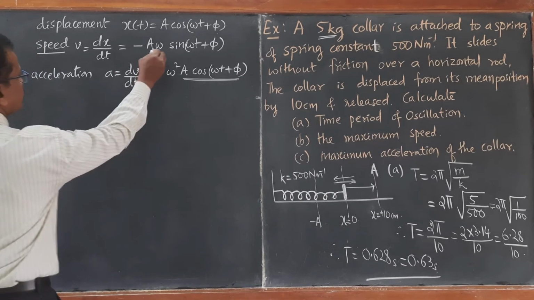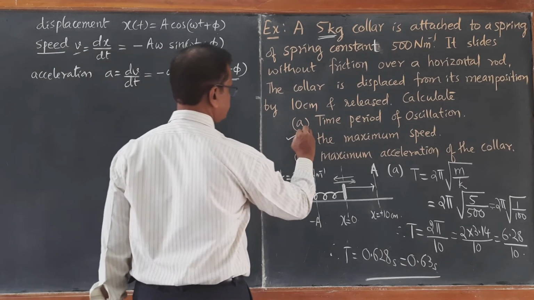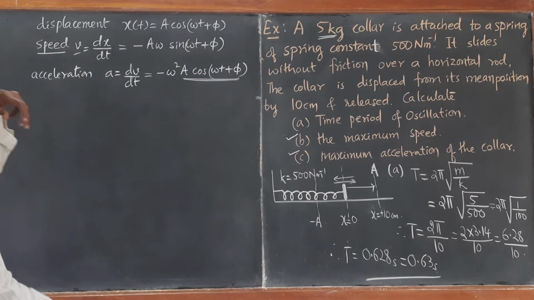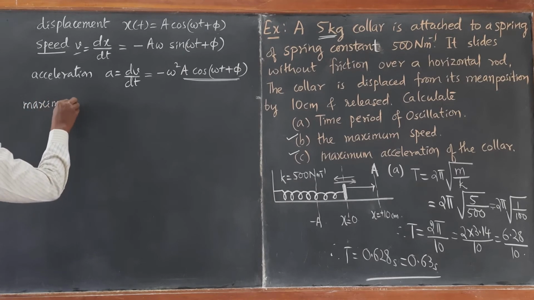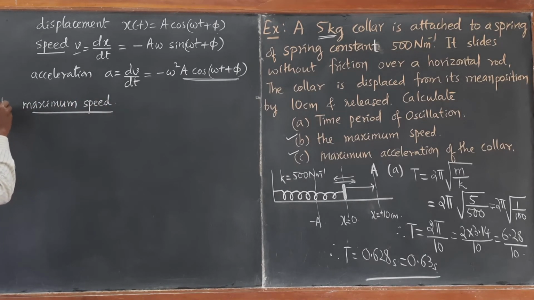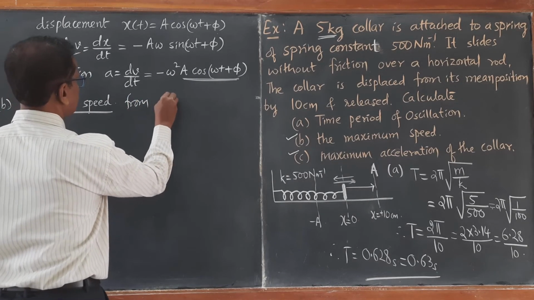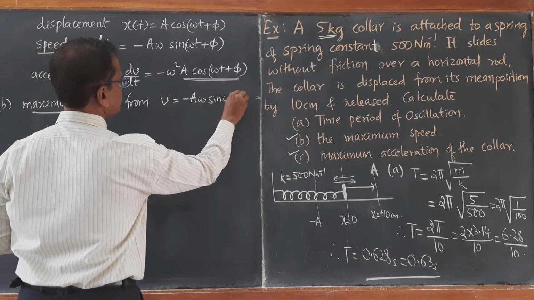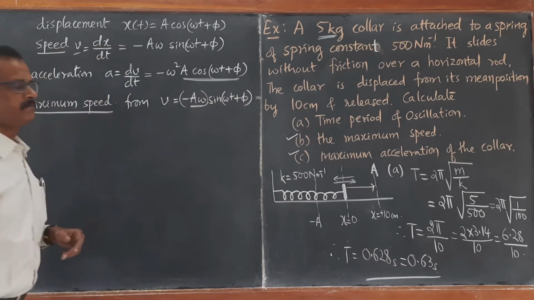Now from the above equation, you are asked to calculate the maximum speed and, second, the maximum acceleration. Maximum speed, this is part B. From the equation v equal to minus A omega sin(omega t plus phi), this can be taken in a bracket.